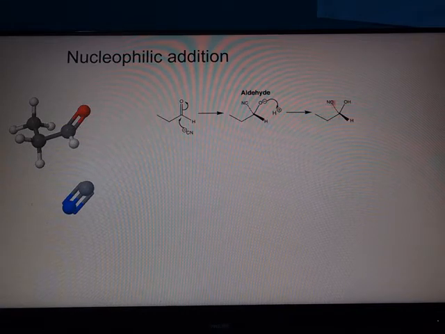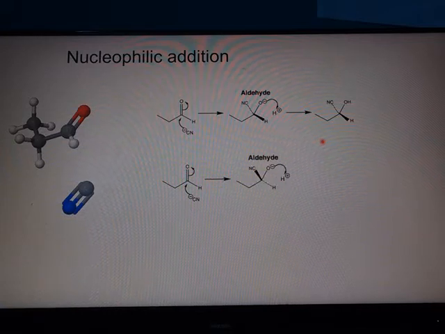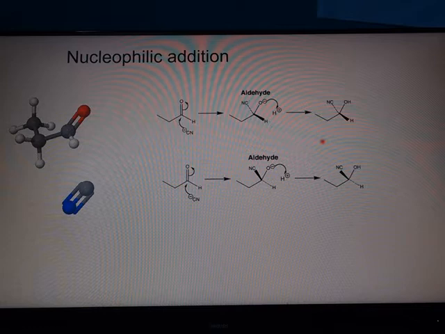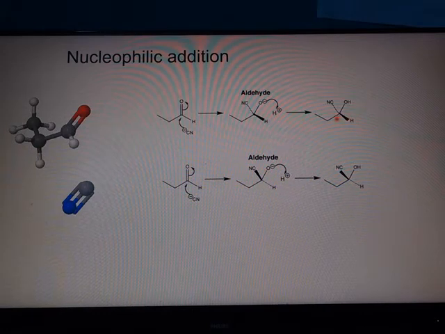2-hydroxybutane nitrile, and if it attacks it from the front, then it gives rise to this 2-hydroxybutane nitrile. So this one is the R isomer and this one is the S isomer.